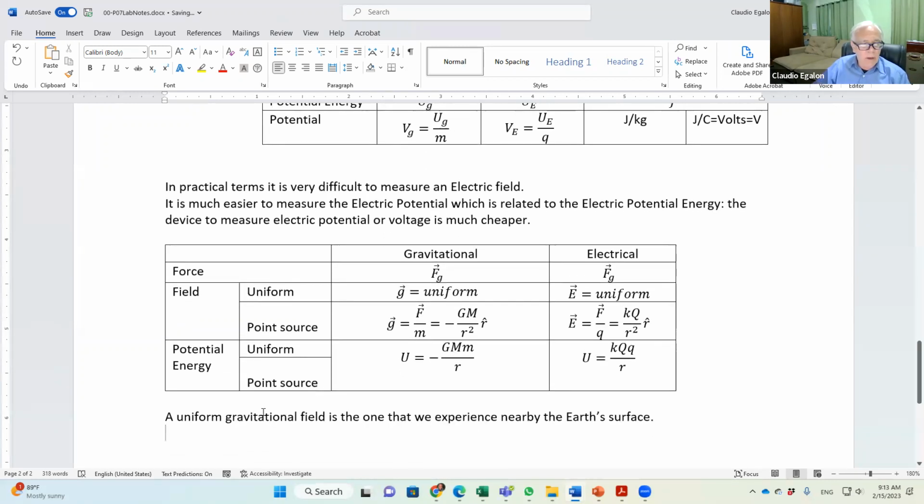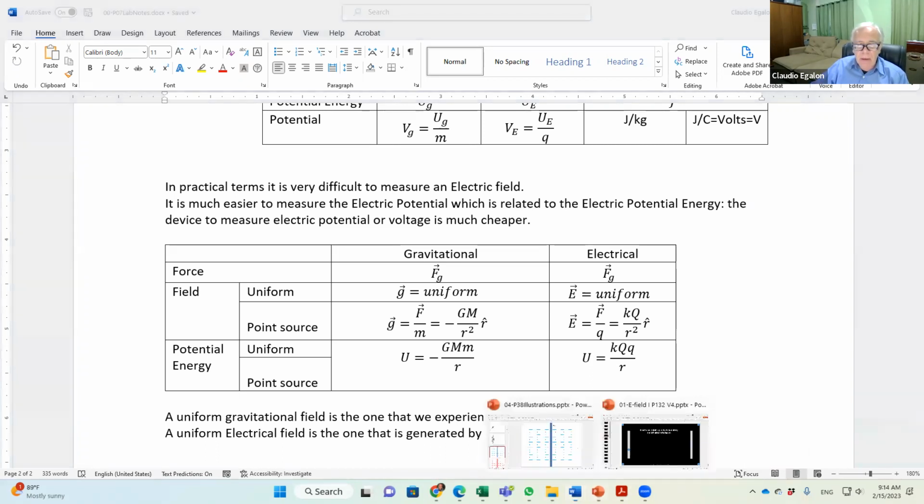On the other hand, a uniform electric field is the one that is generated by a very large plate uniformly charged.